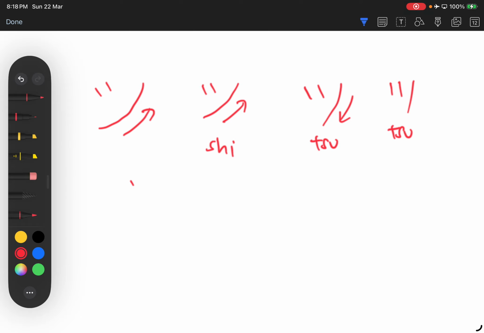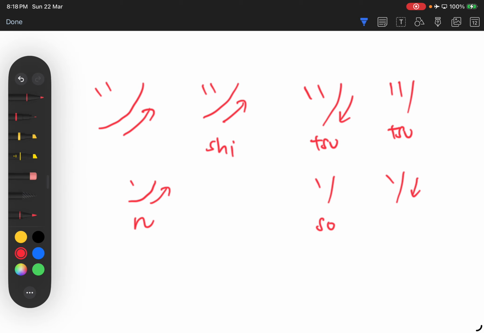For so is like that, S-O. It's just a stroke order. If you go from below up, you'll be more natural to write something like that. If you write from top down, you'll just be more natural like that.